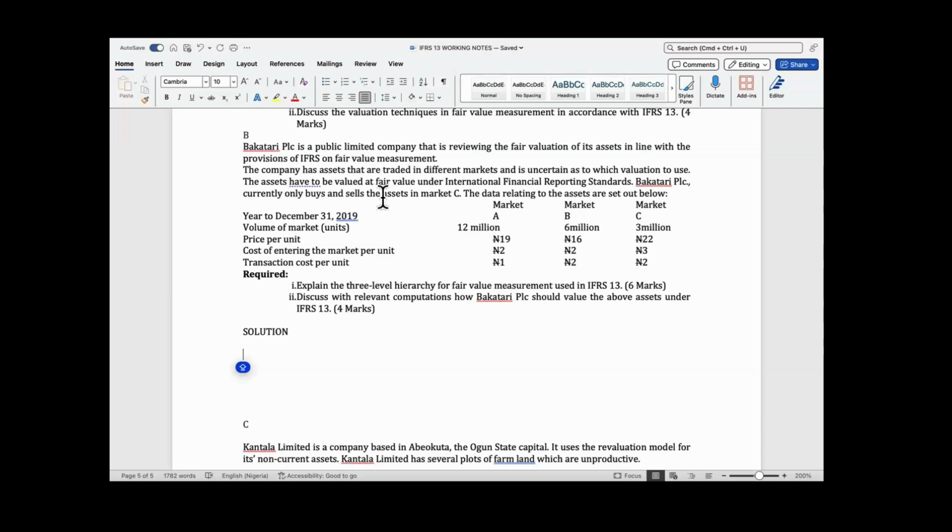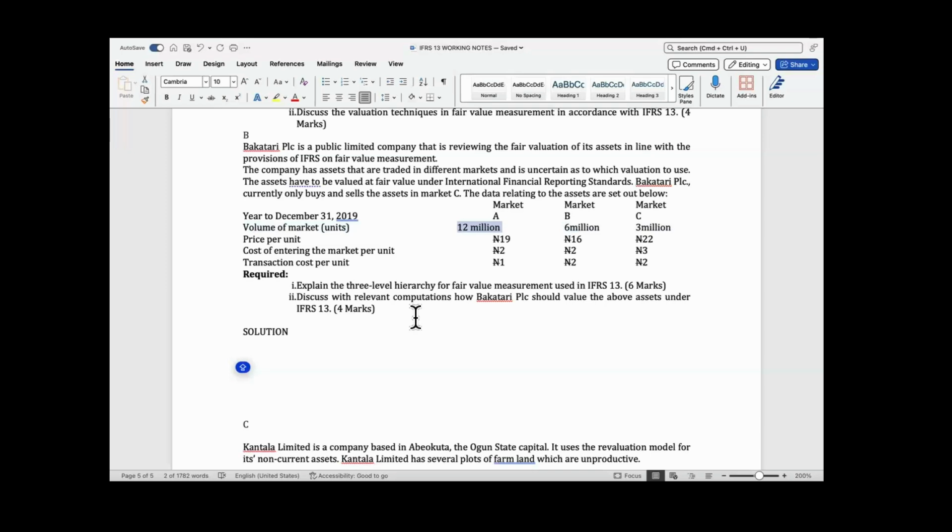Yeah, so what I was saying is that to get the fair value, you need to identify the principal market. And here now, they already give us the data to do that. They give us the volume of activity. And the market with the highest volume of activity here is market A. The volume here is 12 million. So market A is the principal market.